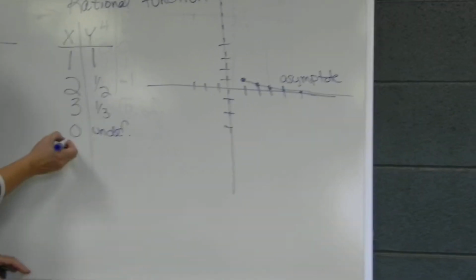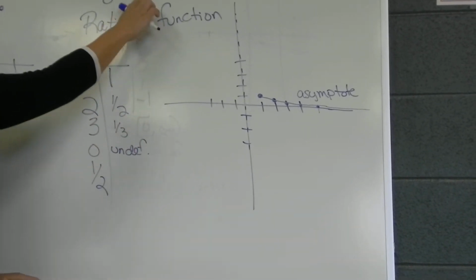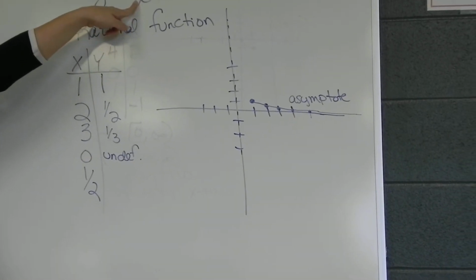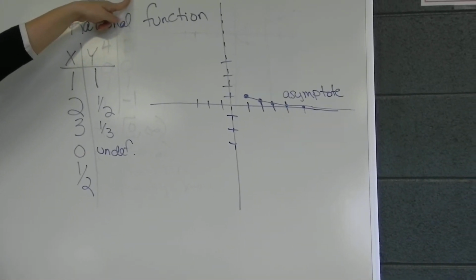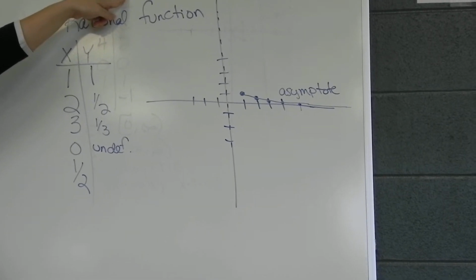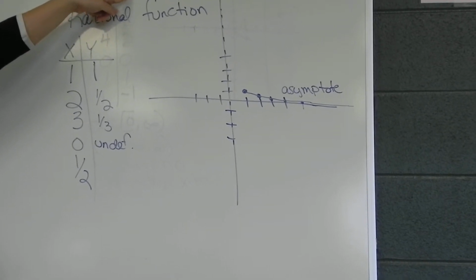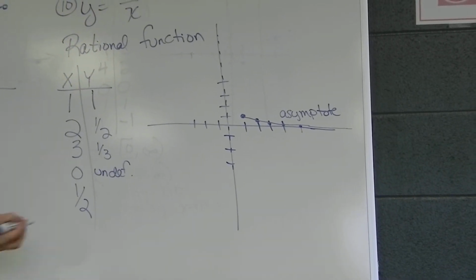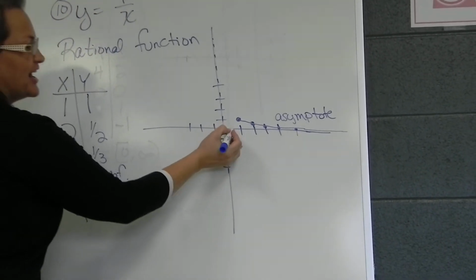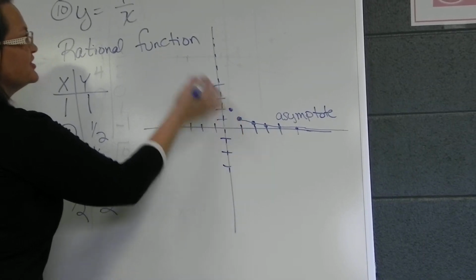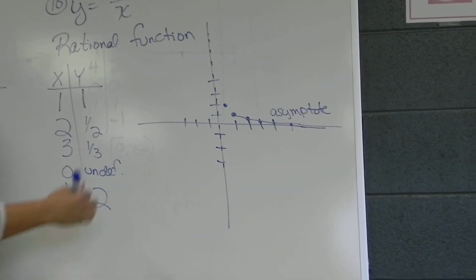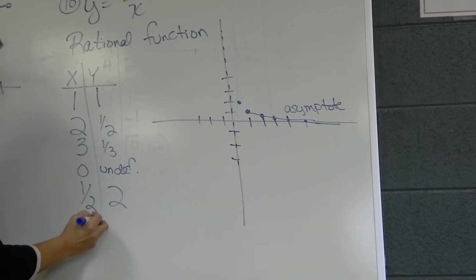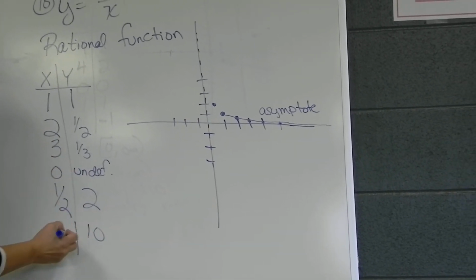0.5. Okay, so let's plug in 0.5 or a half for x. Do you know what 1 divided by 1/2 would be? Not exactly. It flips it, because it becomes 1 times the flip of it. So it becomes 2, right? So at a half, it becomes 2 because it flips when you divide. So when we plug in smaller and smaller numbers, like a tenth, it flips it and becomes 10.